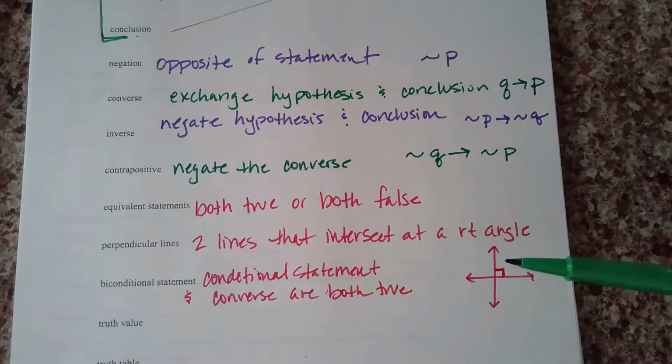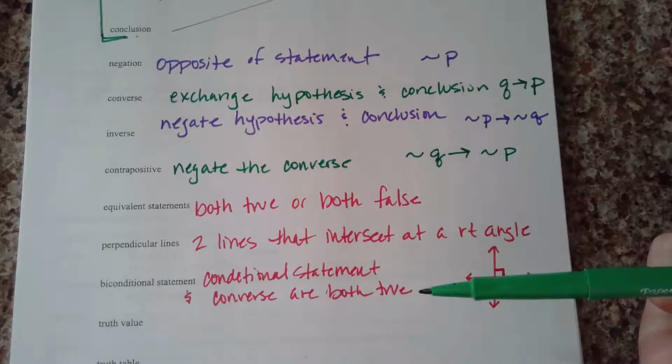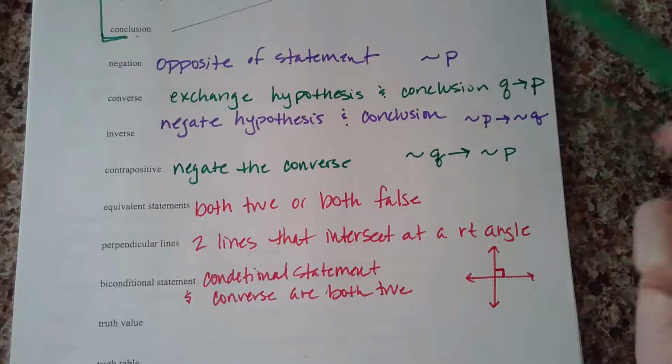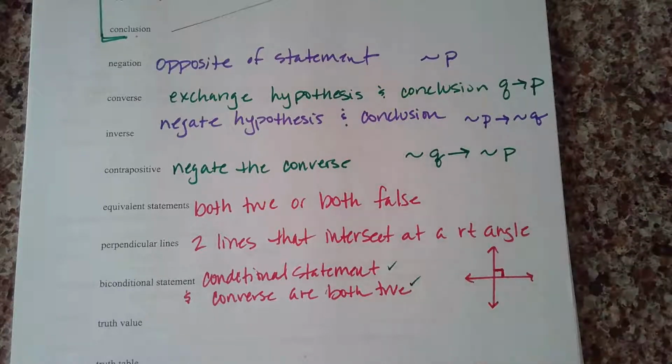That's true, right? The converse, which would be the opposite way around, would be if two angles have measures that add up to 90 degrees, then they would be considered complementary. Okay, that's true as well. So in that statement, the conditional statement is true and the converse is true.